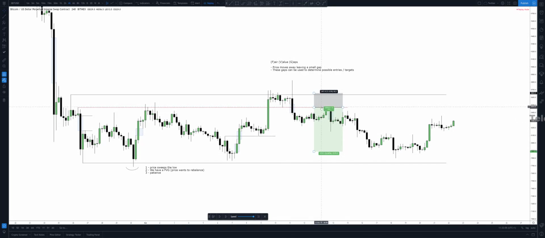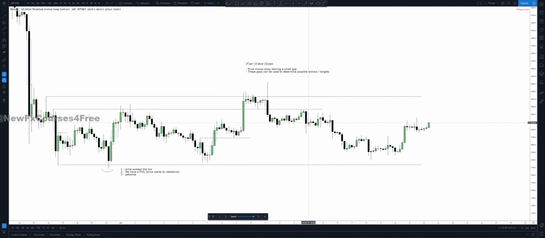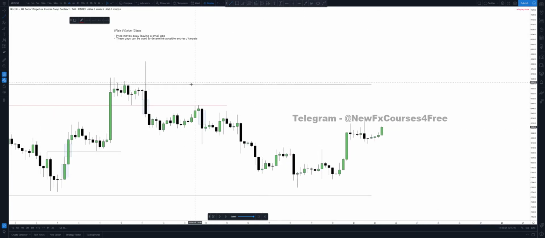If you missed this trade, that's okay, because price left another fair value gap right here. And what do we have in combination with this fair value gap? We have this OB. And this is a great example actually, because remember how one of my rules is that it needs to have a wide range body, and I do not want to see a small ranged body.